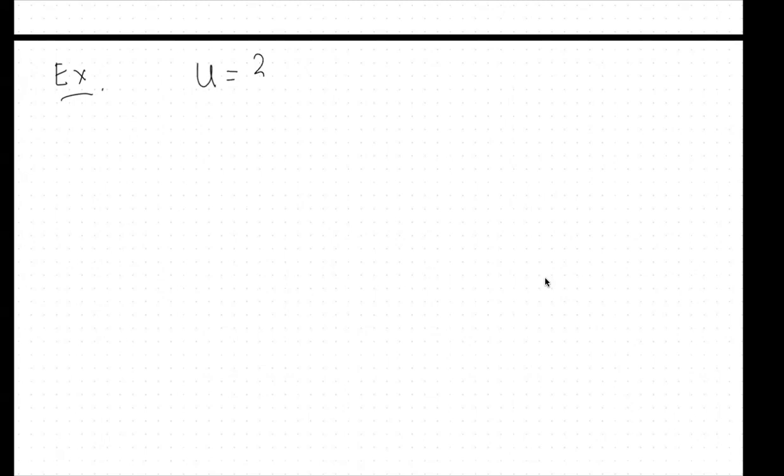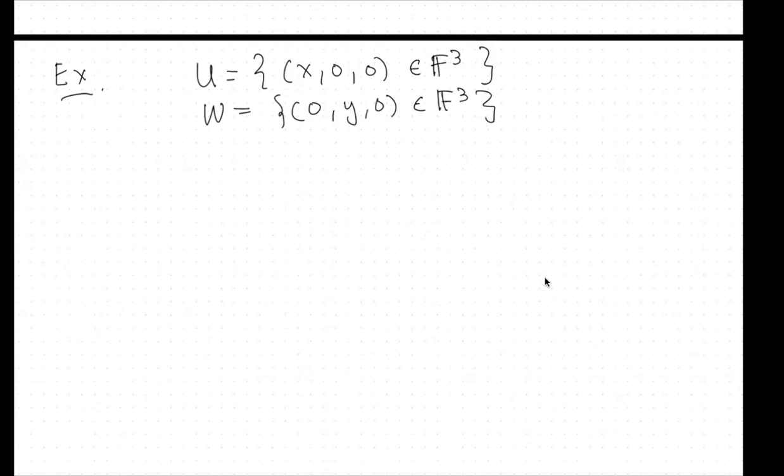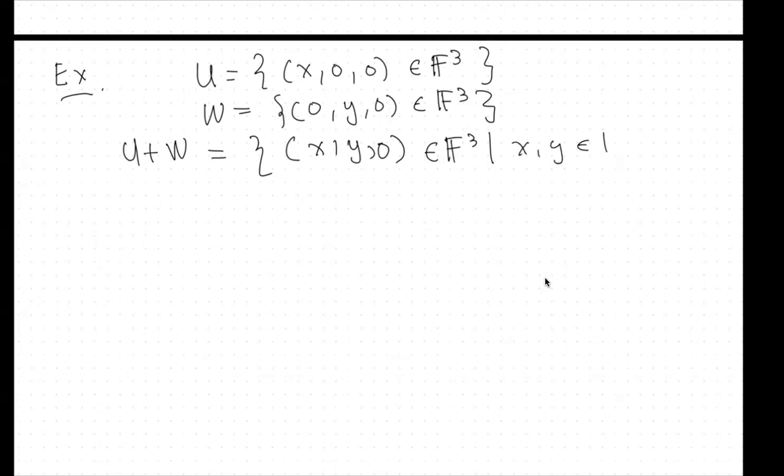If U here is the set of (x, 0, 0) in F3, of course x here is in F, and the second one W is (0, y, 0) also in F3, of course y is in F, then U plus W is just the set of (x, y, 0) in F3, where x and y are in F.